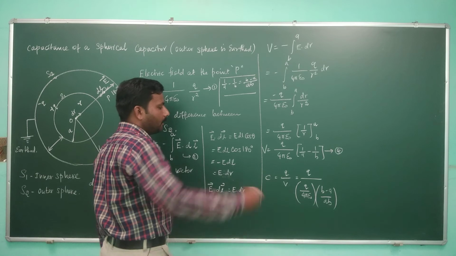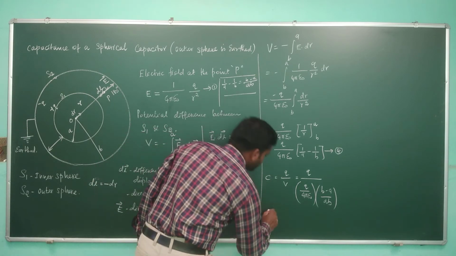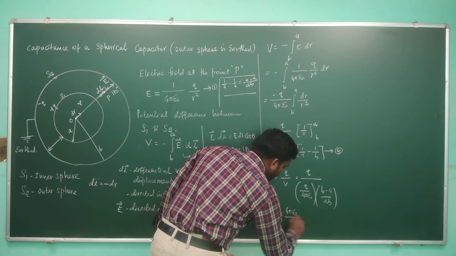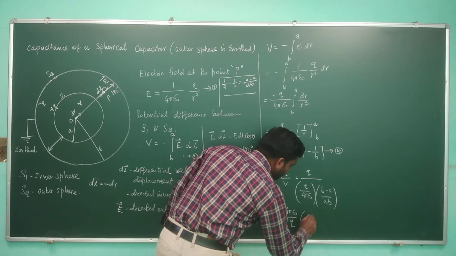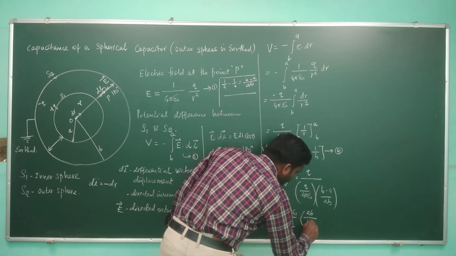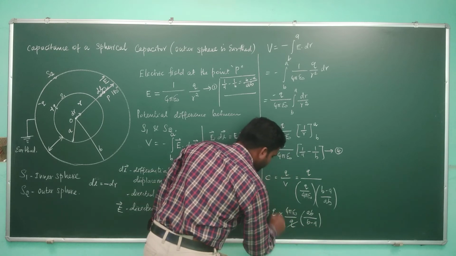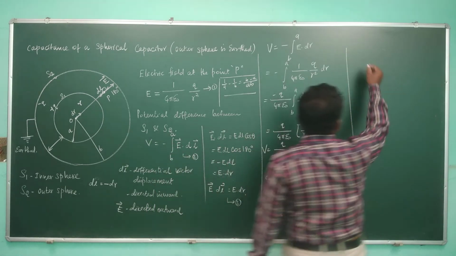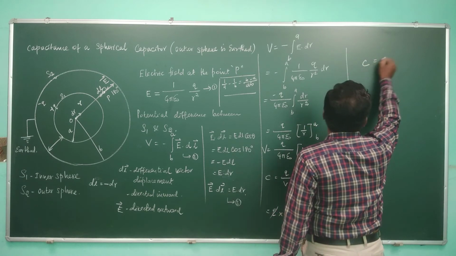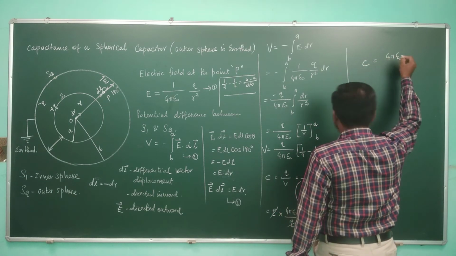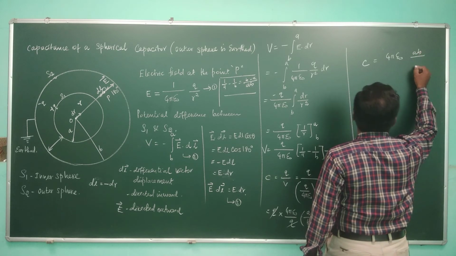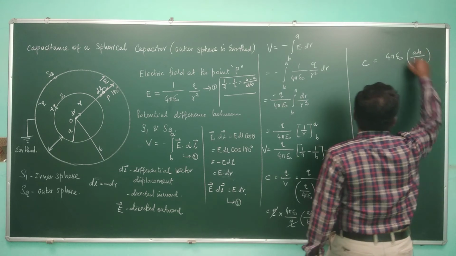Or we can rewrite this as Q multiplied by 4 pi epsilon naught by Q into AB by B minus A. So Q will cancel out. So we can write C, that is equal to 4 pi epsilon naught AB by B minus A.